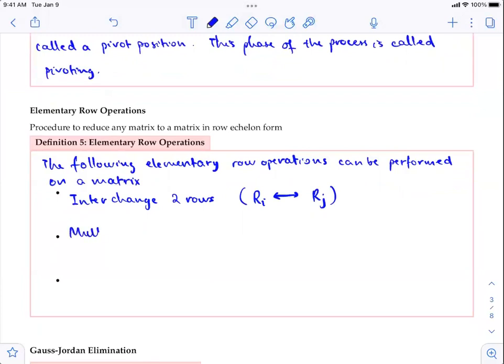So if I want to change row I, I can multiply row I by a non-zero constant to create a new row I. So I multiply k by row I, for k a non-zero constant, and I get a new row I.